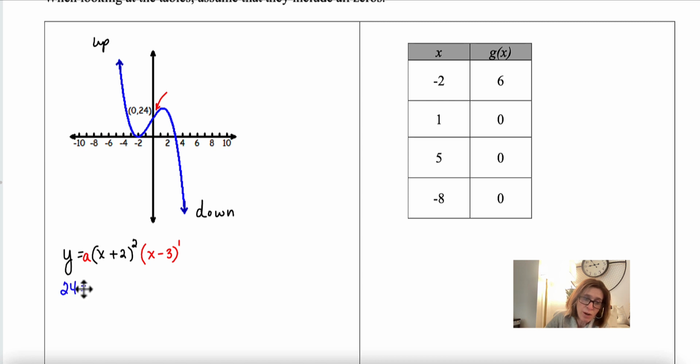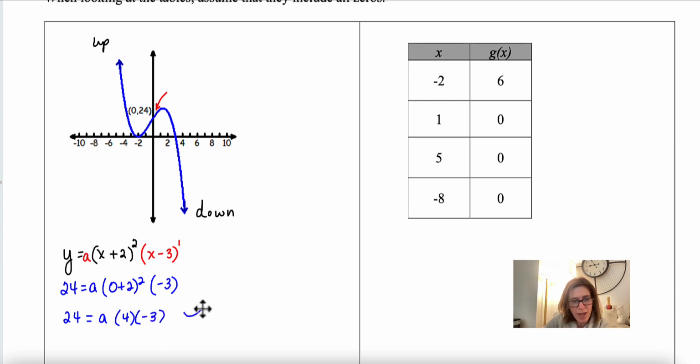So 24 equals a times (0 plus 2) squared times (0 minus 3) to the 1. 0 plus 2 is 2, 2 squared is 4. So I have 24 equals a times 4 times -3, which I wrote as -13. Sorry about that. That's going to give me -12a equals 24.